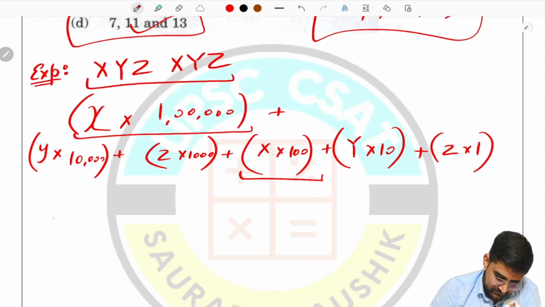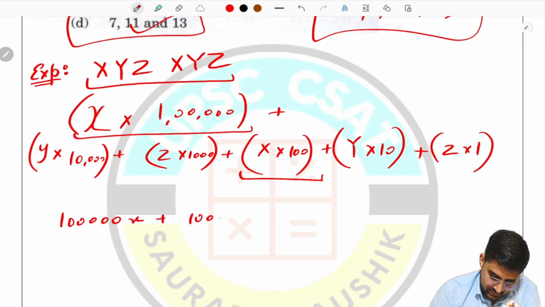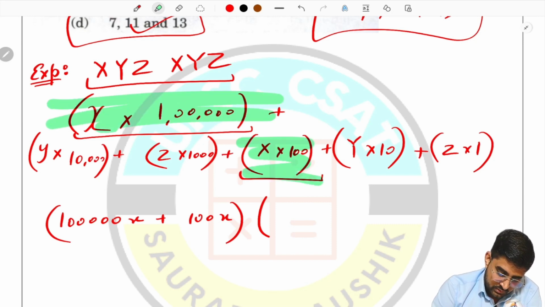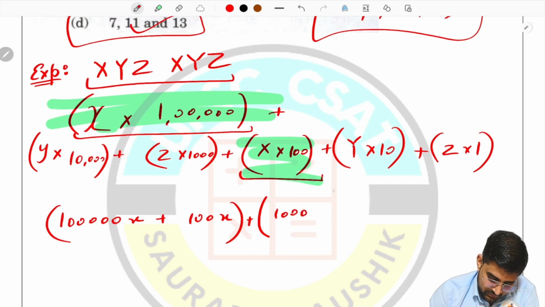I wrote here only x multiplied by 100, so 100x. So we have combined them, this one and this one. And now take the next y. So we have 10,000y plus 10y.